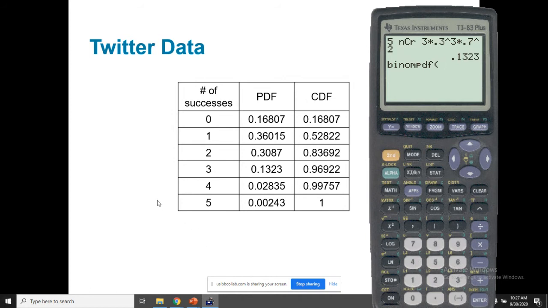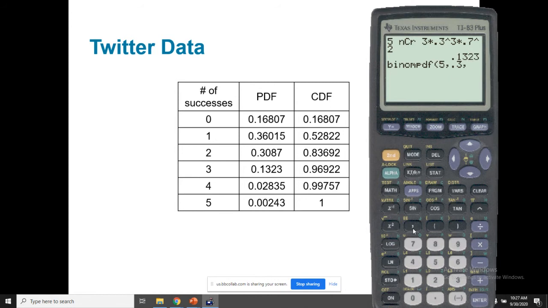So now I have to put in my parameters. I have to put in n, and n would be the number of trials, which is 5. I'm going to hit comma. Next, I have to put in p. So p is 0.3. I'm going to insert a comma.